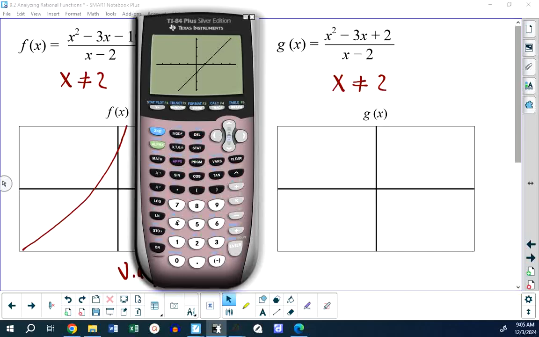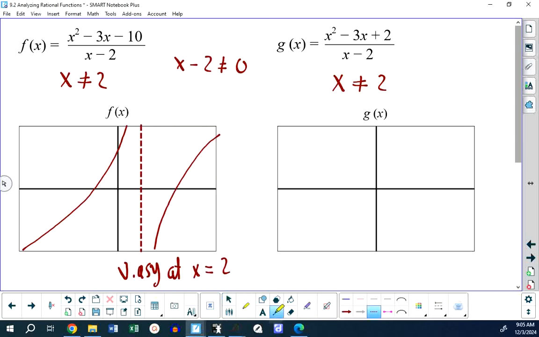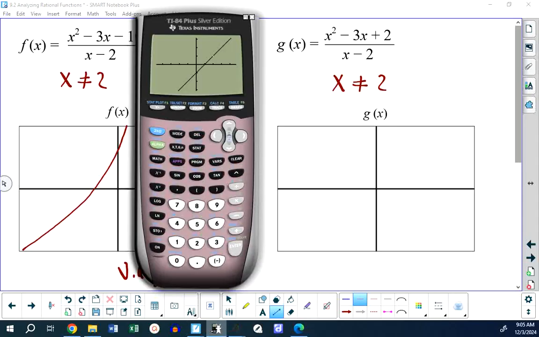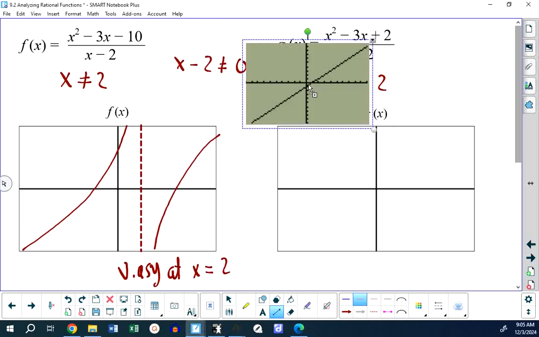So what does this graph look like? Now hold off before you sketch this. I want to go back to the standard window setting so we can draw it so it looks similar to that. It's a straight line, kind of, from about here.